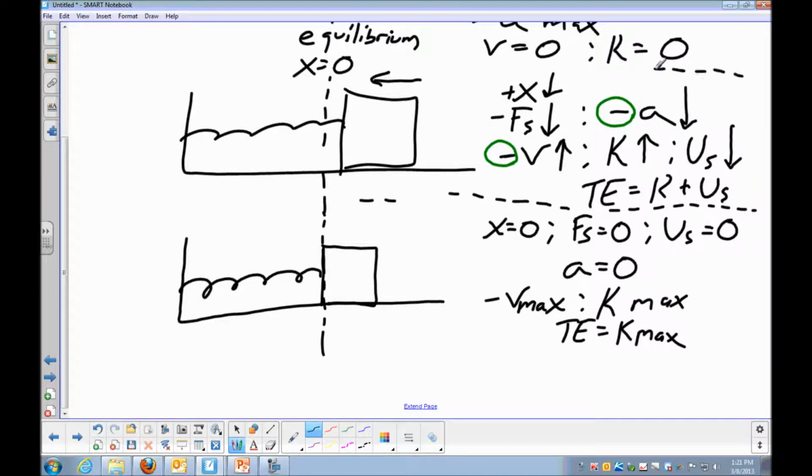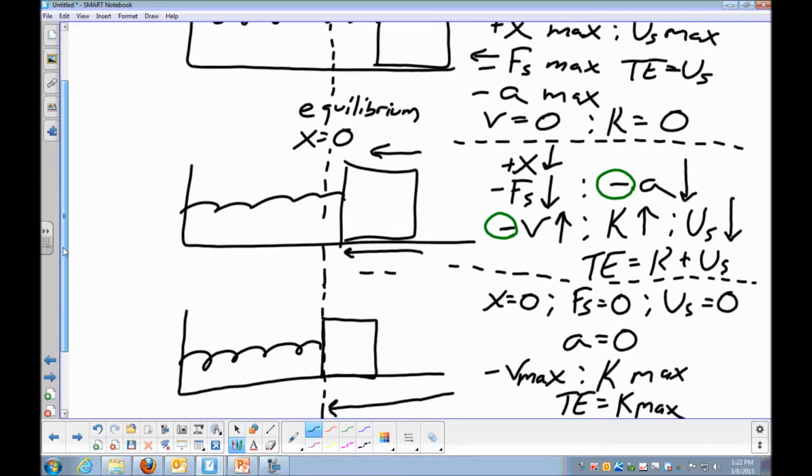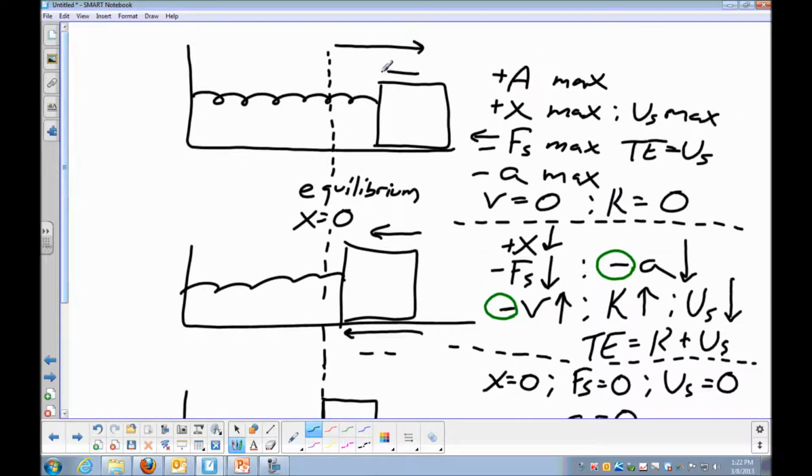So these are my criteria. This is what's going to be happening when the box is at the equilibrium point. It's important to understand the box doesn't stay there. The box is going to pass through the equilibrium point. The spring wants to pull the box to the equilibrium point, to its normal stretch length.